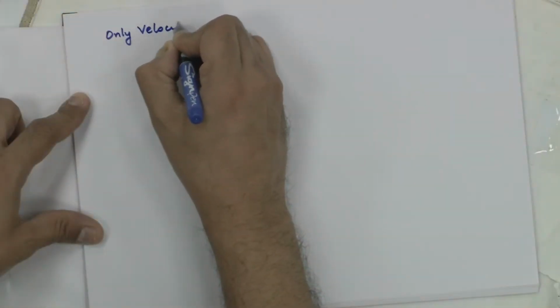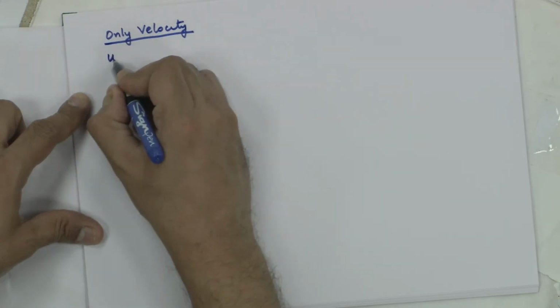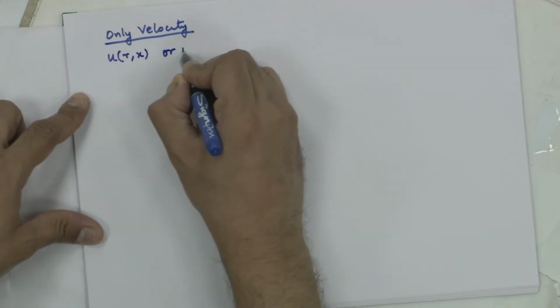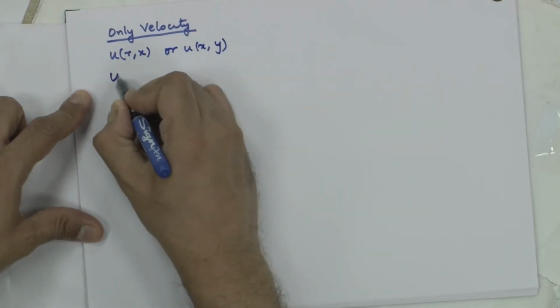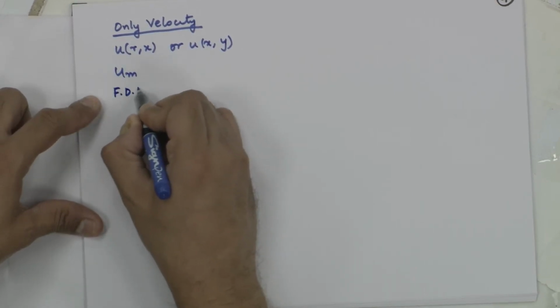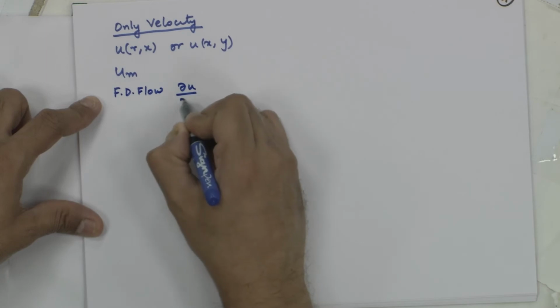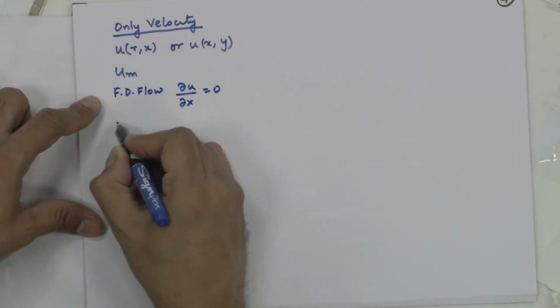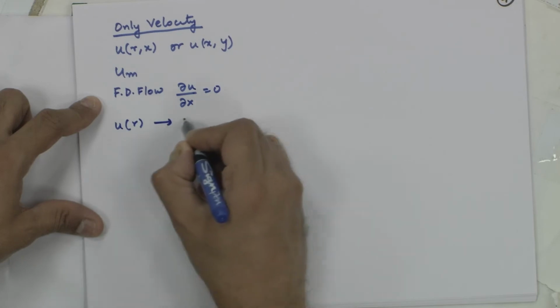Okay. That mixing cup temperature, please remember, students have to know, unlike fluid mechanics where you are talking only of the velocity. We had u of r comma x or u of x comma y, whatever you want to call it, and u bulk mean. The fully developed flow condition was du by dx equal to 0, which means u of r has no change.